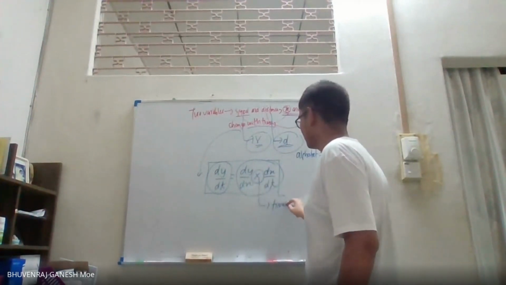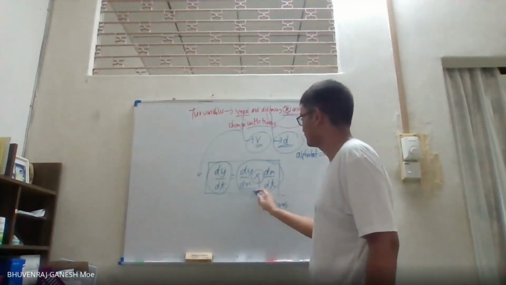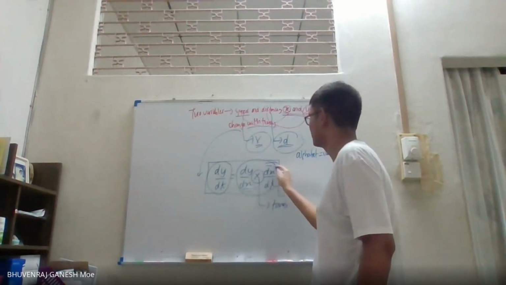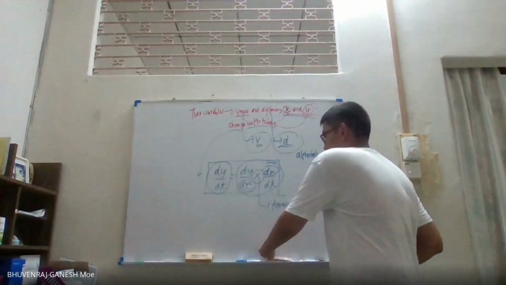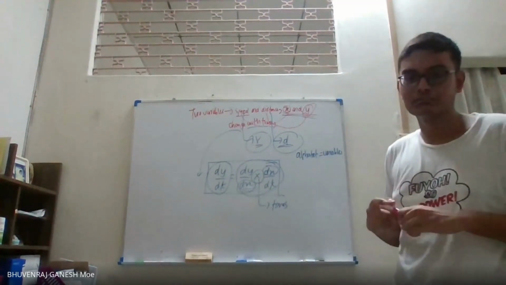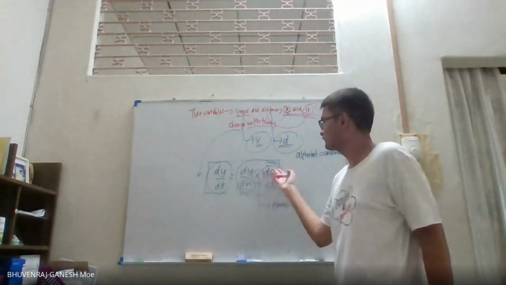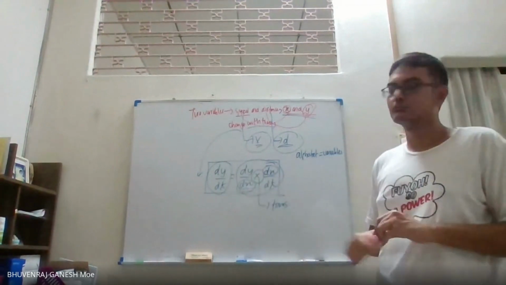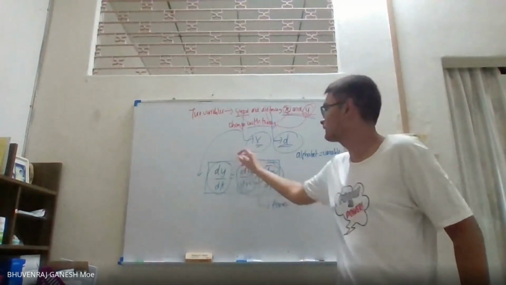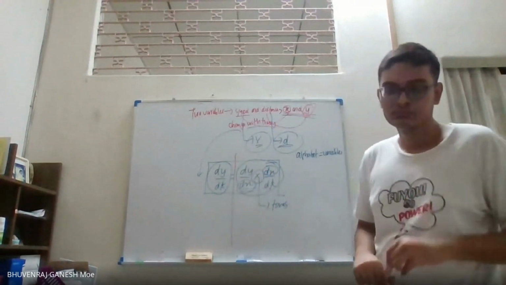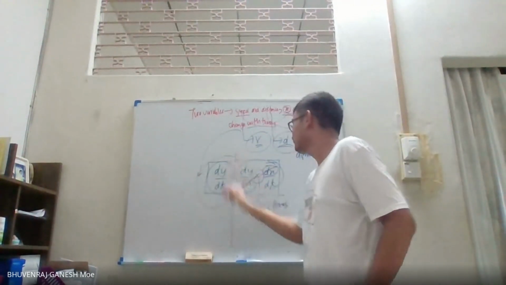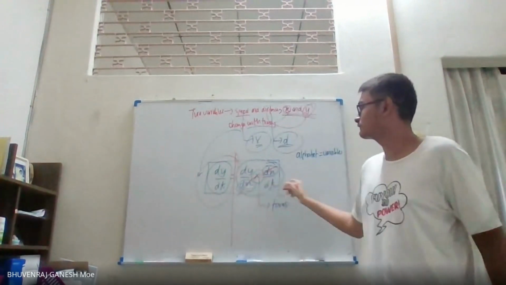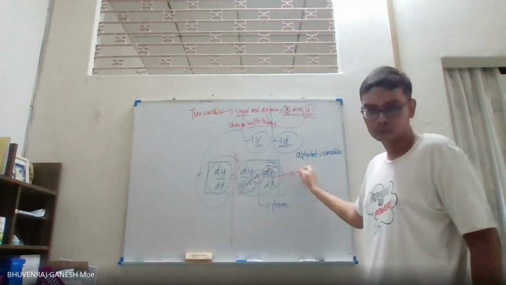So when times, can you see the denominator is dx and the numerator here is dx? Up and down. When they are up and down, what do we usually do in maths? What can we do to simplify this expression on the right after the equal sign? Cut, yeah, correct. If I cut these two, you see what you will get from here.